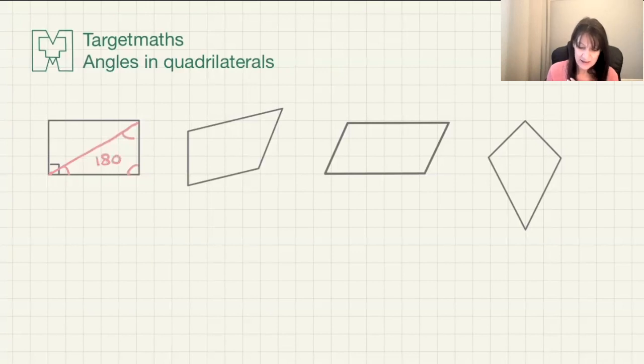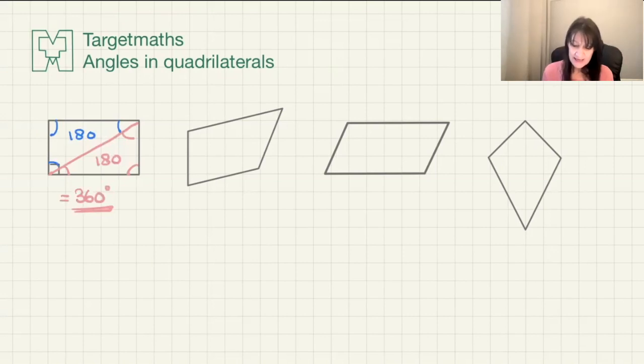And I know that this triangle has three angles that add up to 180. And 180 plus 180 is equal to 360. So that's a way of proving, using a completely different shape, that the angles in a rectangle will add up to 360. And that is true of all quadrilaterals, all four-sided shapes.